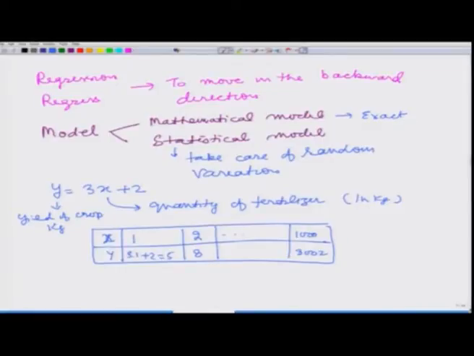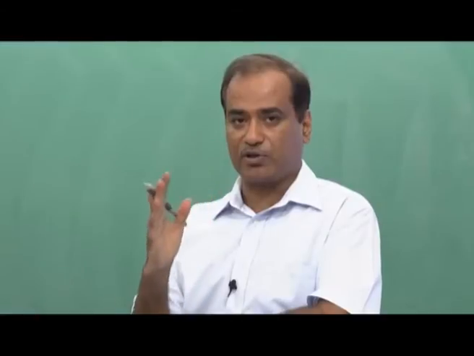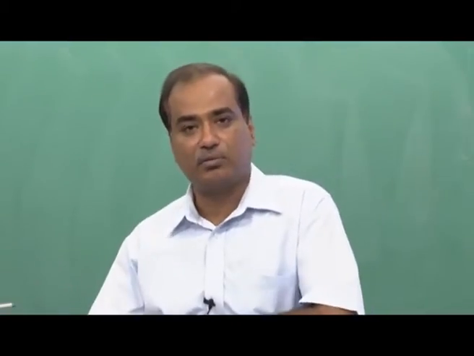Now, what is the mathematical interpretation? The mathematical interpretation says that if we use 1 kg of fertilizer, we will get exactly 5 kg of yield, no deviation from 5, exactly 5.00000, and so on.